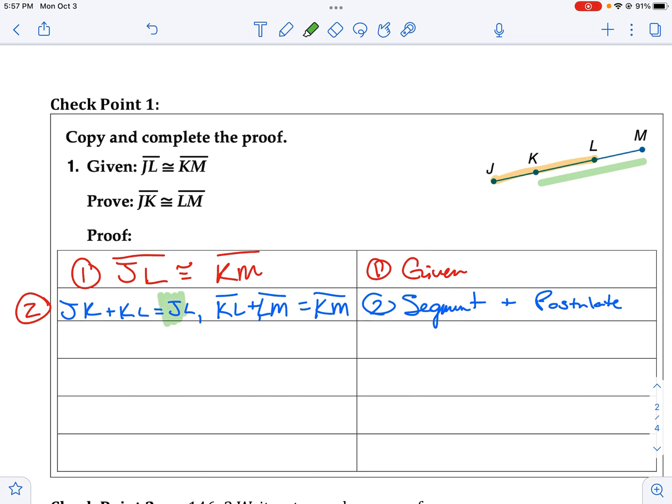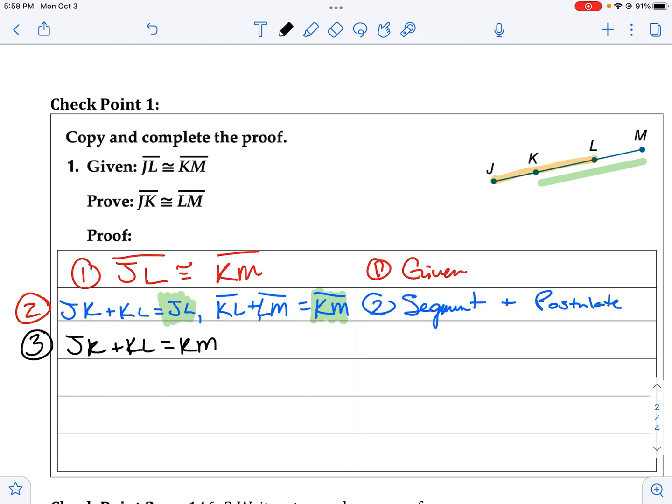Let me see if I can find JL and KM. Okay, there's my JL and KM. And it doesn't matter which one you substitute or which one you switch out. I'm going to substitute out the JL. I'm going to change it, and instead of JL, I'm going to write KM.